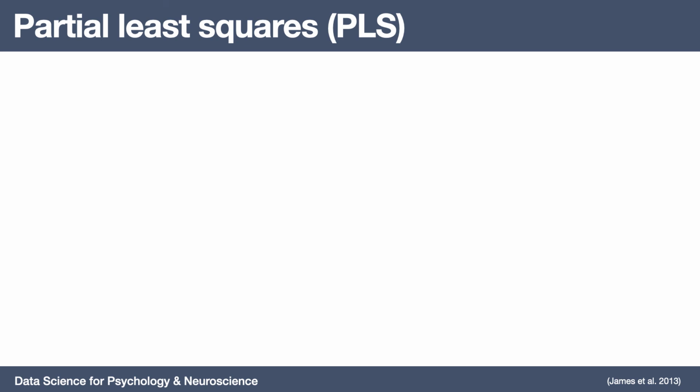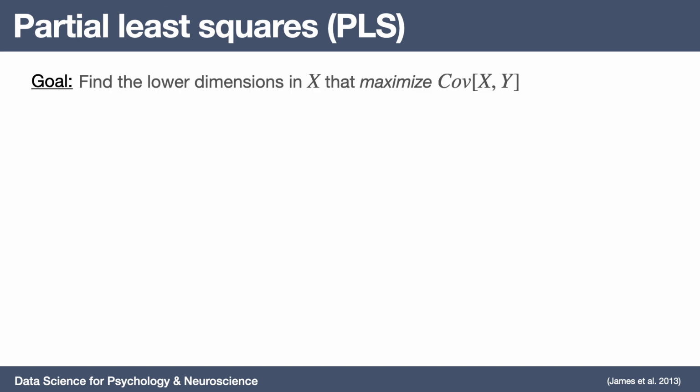But instead of first looking at the lower dimensionality of X and then regressing on Y, what you're going to do with PLS is find the lower dimensions in X that maximize the covariance with Y. You learn both the loading between X and Z at the same time that you learn the correlation or the regression between Z and Y.